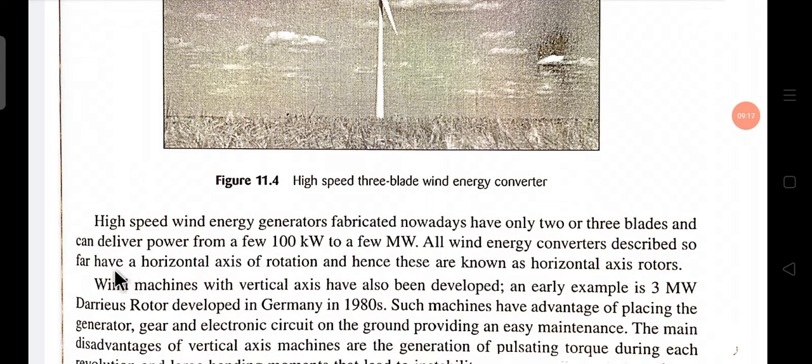All wind energy converters described so far have a horizontal axis of rotation, and hence these are known as horizontal axis rotors.